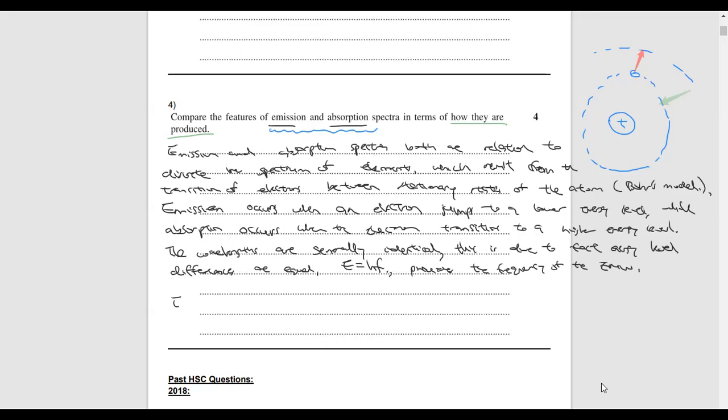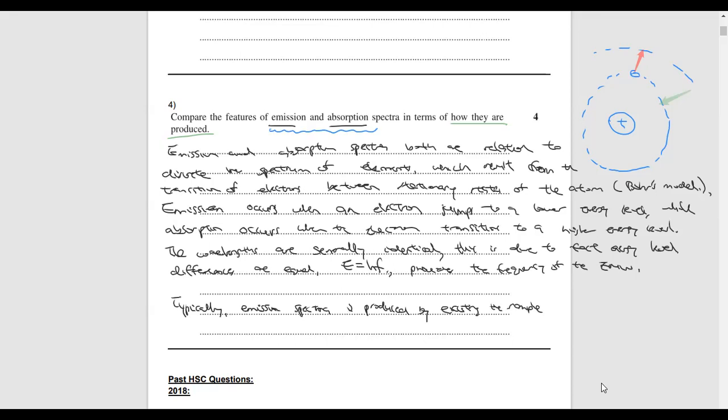So typically, an emission spectrum is produced by exciting the sample.